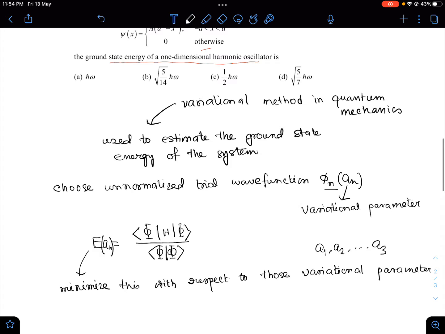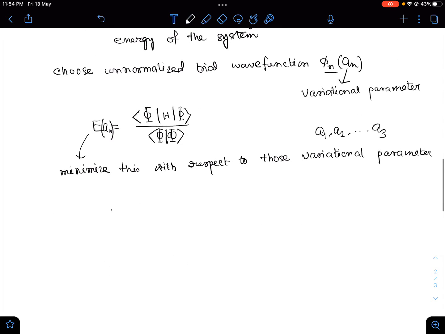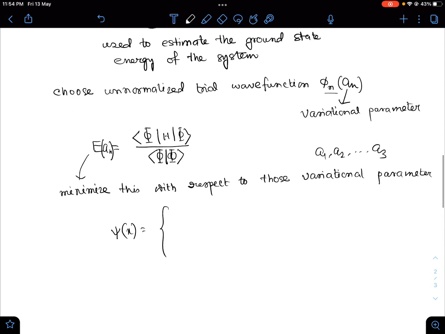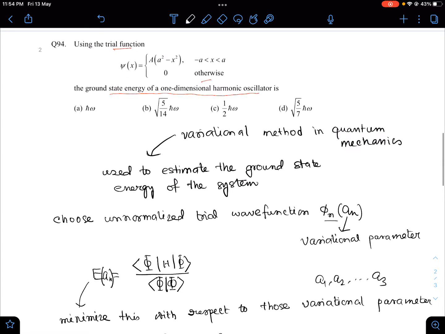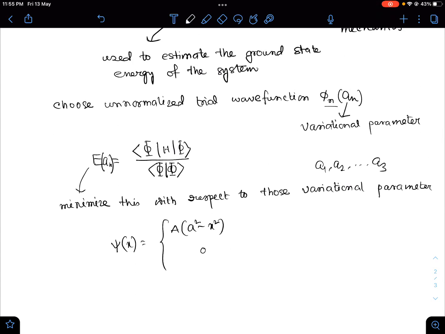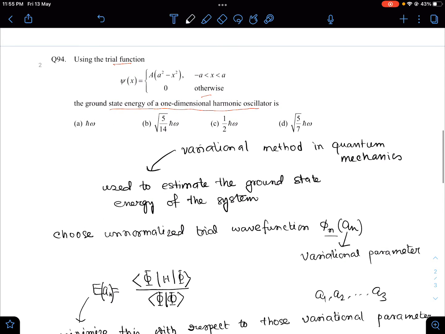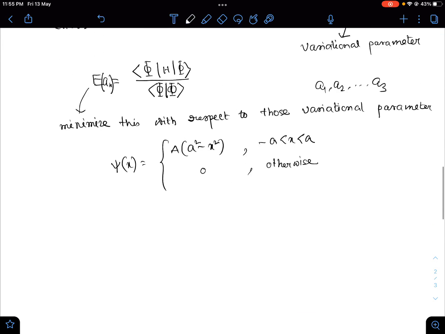In our given problem, we have our trial wave function psi(x) given as A times (a squared minus x squared), and we also have 0 otherwise. So this is for x from minus a to a, and zero otherwise. This is our trial wave function.